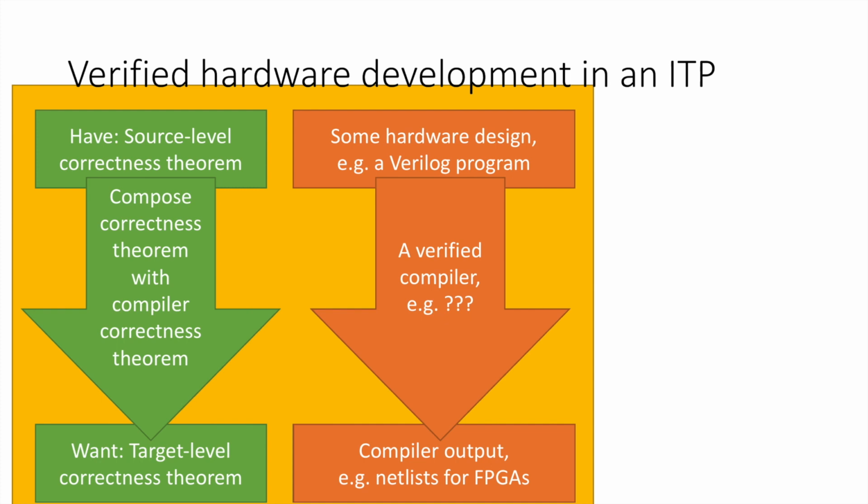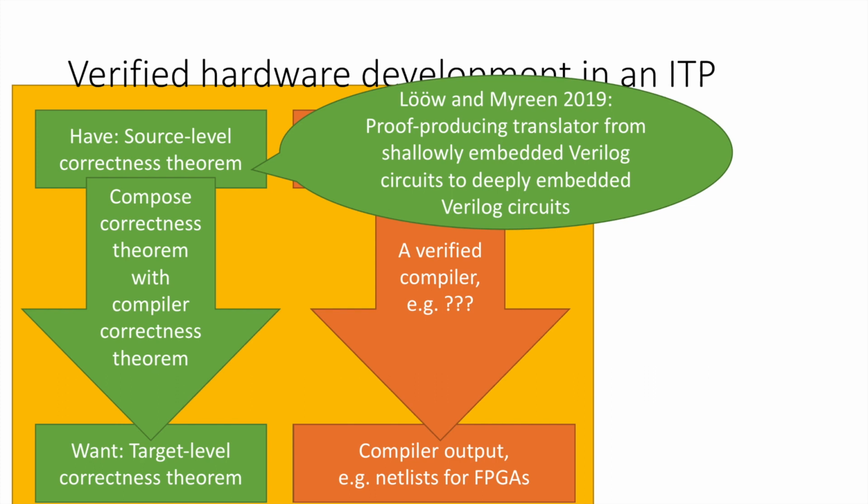Following this approach that we usually follow in software development, we produce our correctness theorems on the source level. To do this, we use previous work: a proof-producing translator from shallowly embedded Verilog circuits to deeply embedded Verilog circuits.